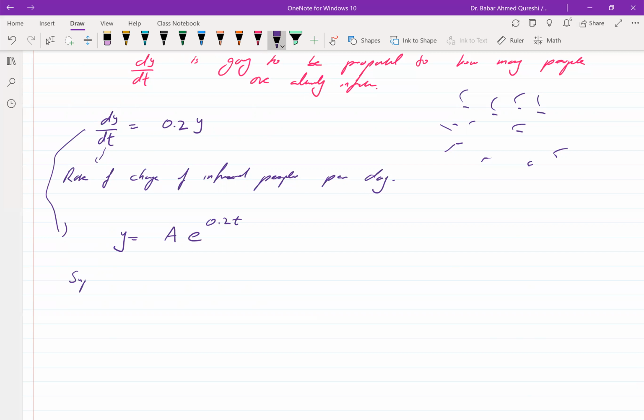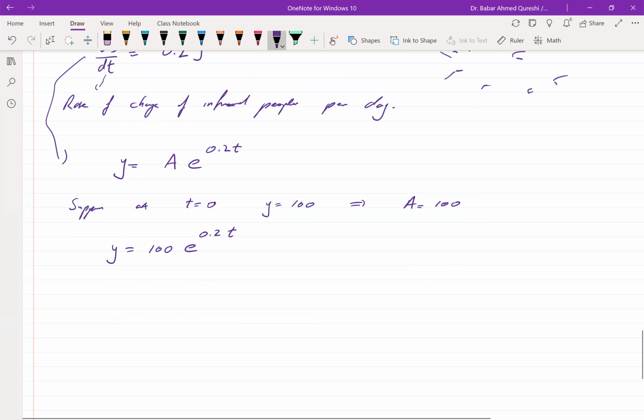And suppose at the day 0, you're starting from some day and calling it the day 0, you have, let's say, 100 infected persons, you start from 100. That would imply A is equal to 100. So then your solution becomes y is equal to 100 e to the 0.2 t.